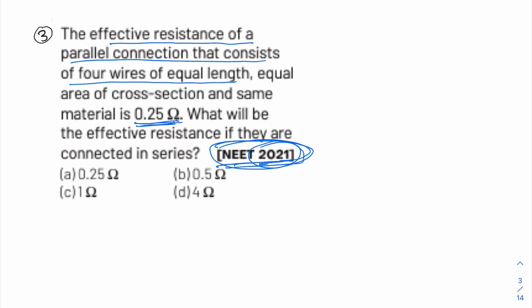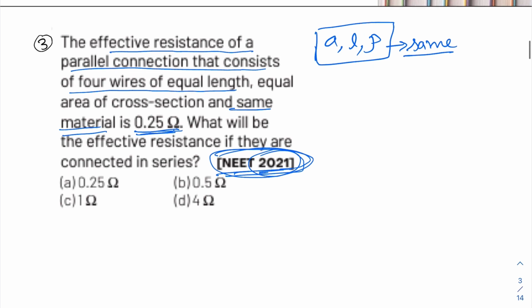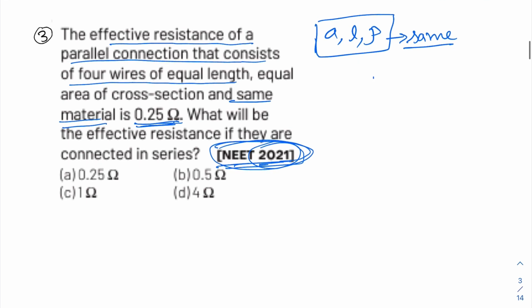Here equal area means A is the same, 4 wires of equal length means L is the same, and the same material means rho, the resistivity, is also the same. Now there are 4 wires: 1, 2, 3 and 4.